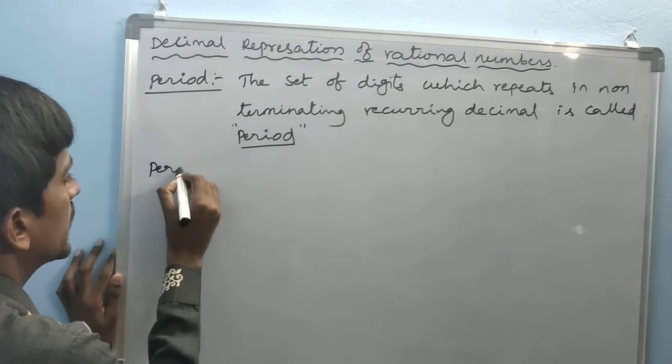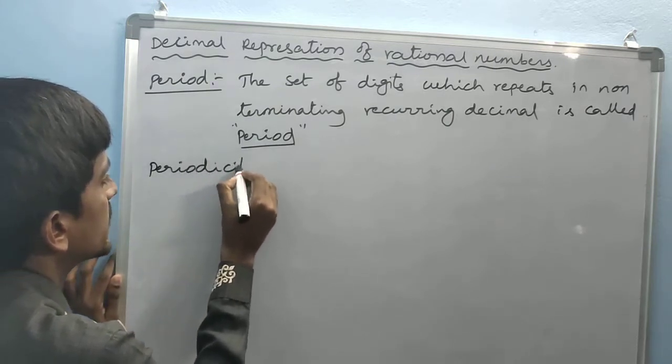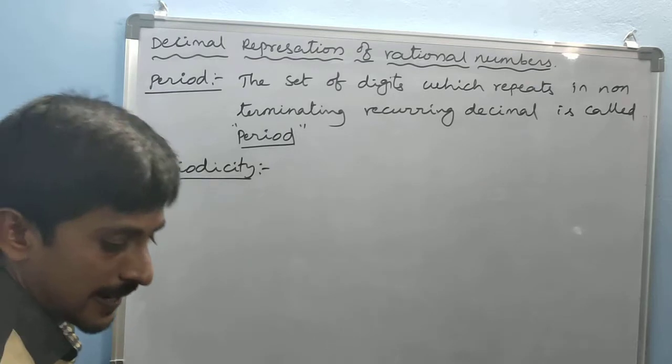And periodicity, what is the meaning of periodicity? How many digits are repeating?